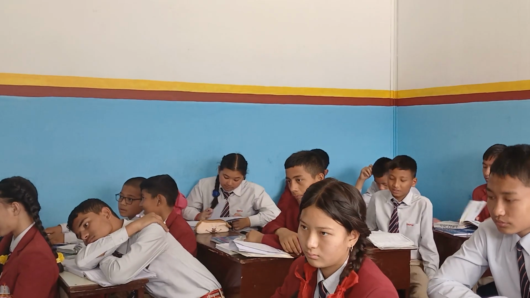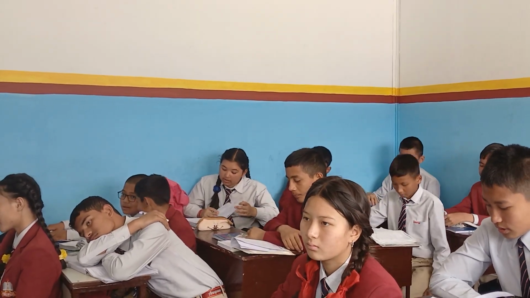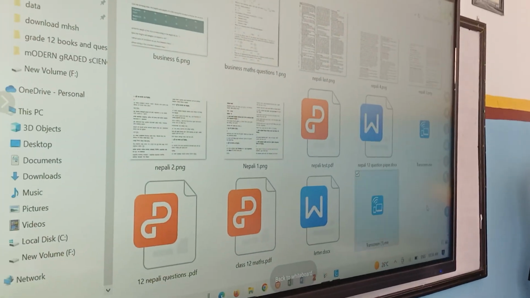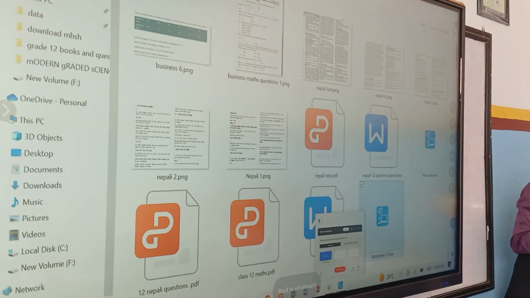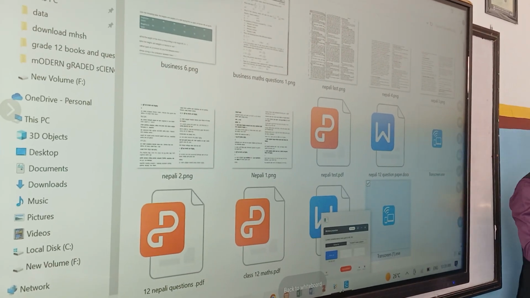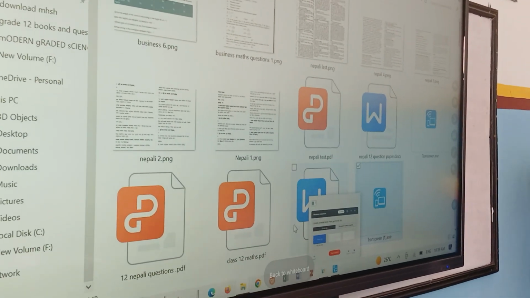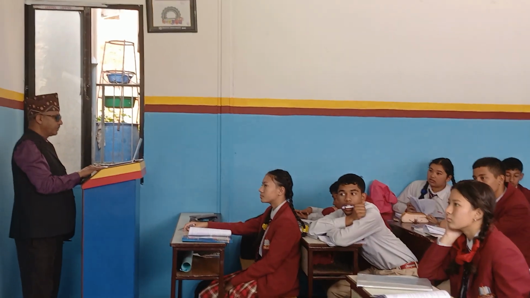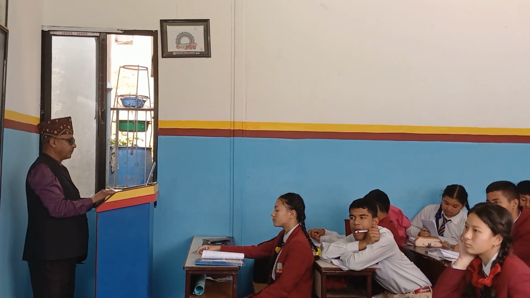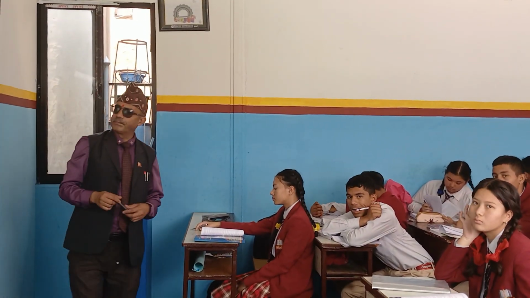Okay, read the question. What is given there? Diagrammatic question: identify the given diagram and write their uses in the laboratory. Is it shared? Already shared, right? Okay. Has the question come? Okay, question number 9.